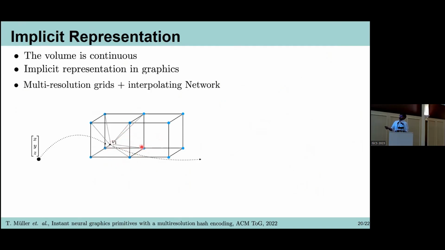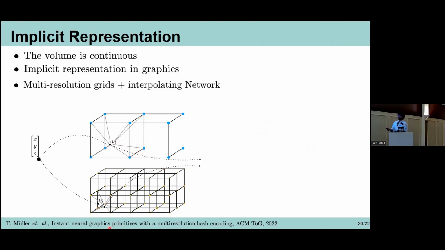You don't use a single grid, you use multiple trainable grids of different resolutions, get different vectors for the point, concatenate them, and pass them through a tiny multi-layer network to get the volumetric intensity. They showed in practice that you could speed up the training process from days to a couple of minutes and get reasonable volumetric reconstructions.